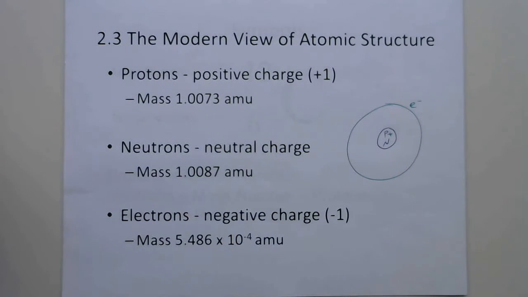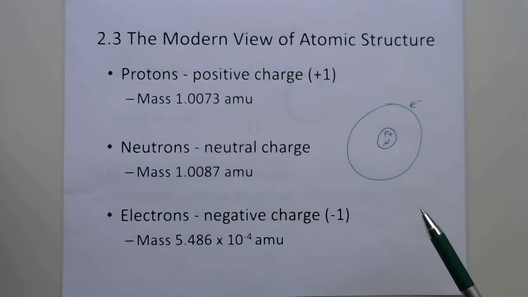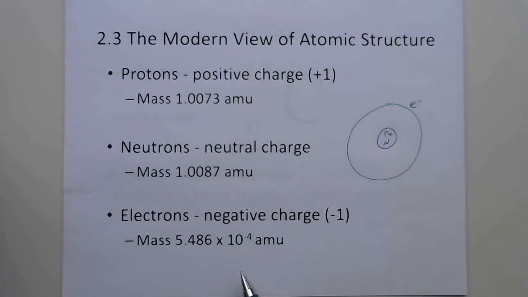They have essentially the same mass. And then electrons exist outside the nucleus. Electrons have a negative 1 charge, so the opposite of a proton. And they have a mass that is much, much smaller than the mass of a proton or a neutron. They have some mass, they are matter, but usually we assume that they have almost no mass. We don't really include that in the mass when we're figuring out mass numbers.